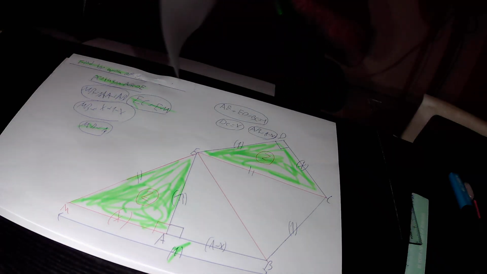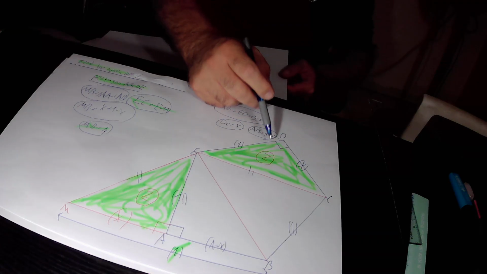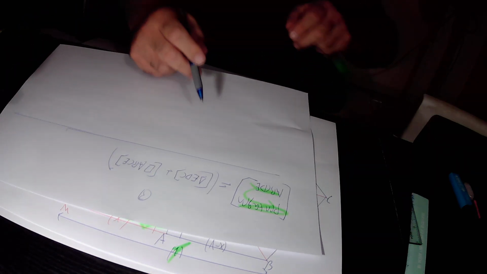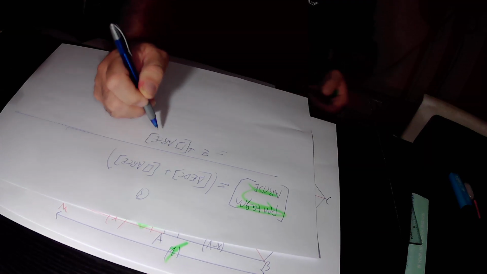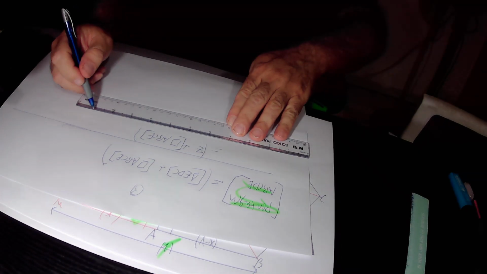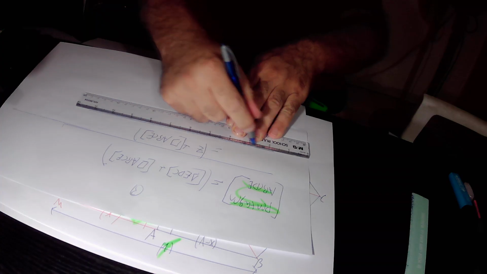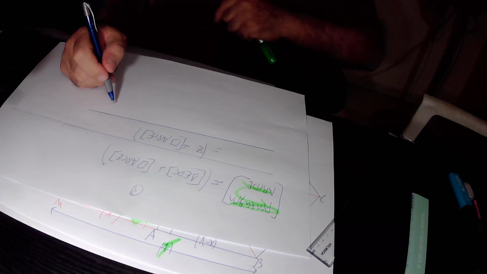I already found that the area of this triangle EDC equals Z. So I can substitute the area of triangle EDC by Z. So it equals Z plus the area of quadrilateral ABCE. In total, the area of the big pentagon ABCDE is equal to Z plus the area of quadrilateral ABCE.